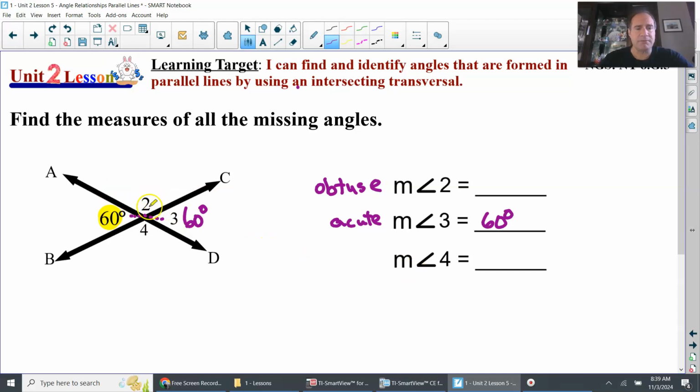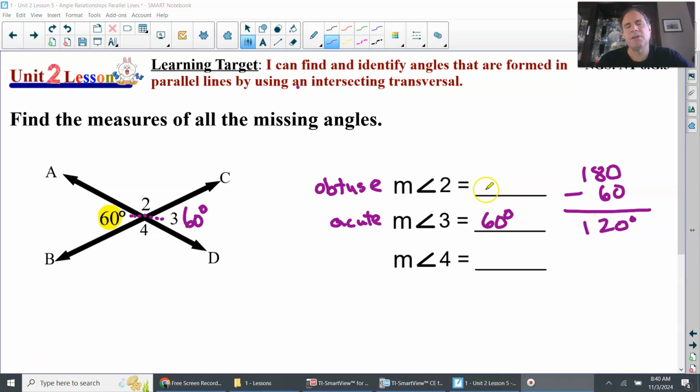Well, this is part of a straight line, angle 2 and angle 3. So we're just going to go over here and put 180 minus 60. And 180 minus 60 is 120.